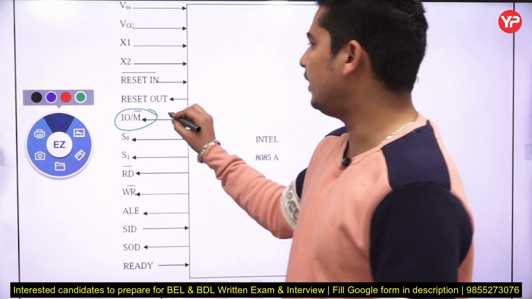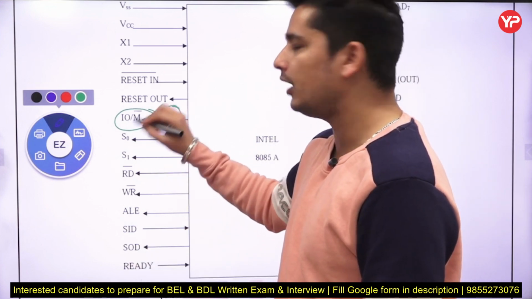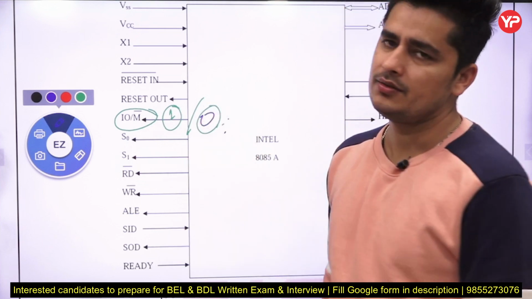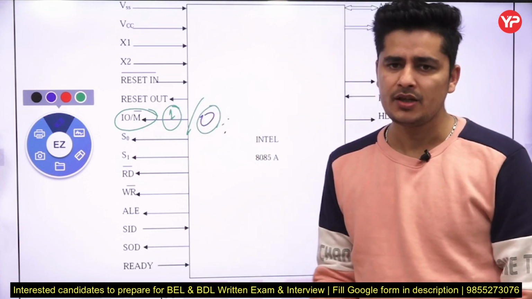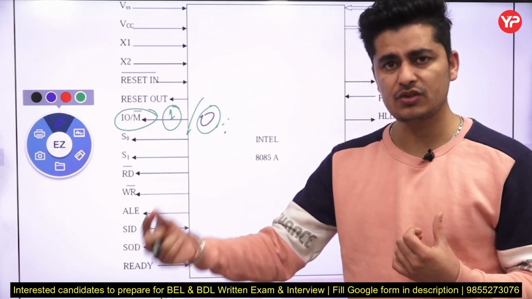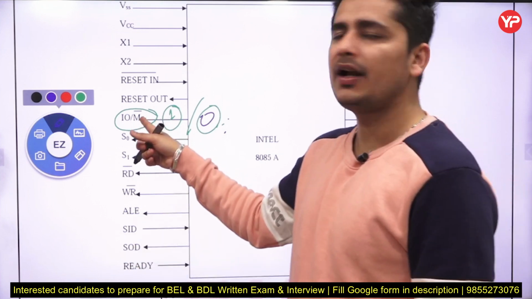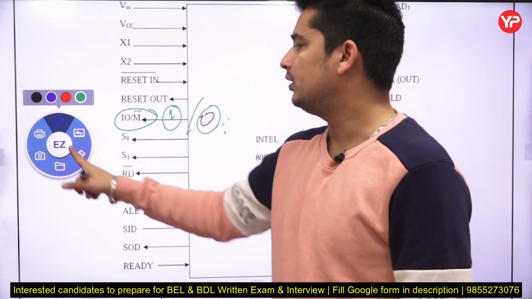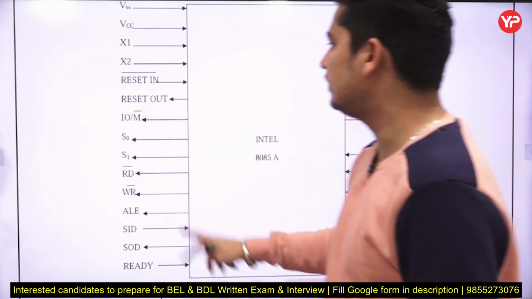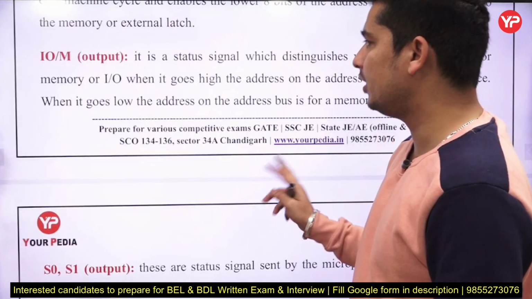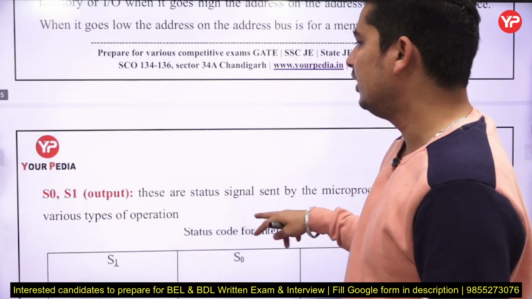If this is 1, then we are dealing with the IO device. If it is 0, then we are dealing with the memory devices. So this is the output pin, and on this pin we can get that information.